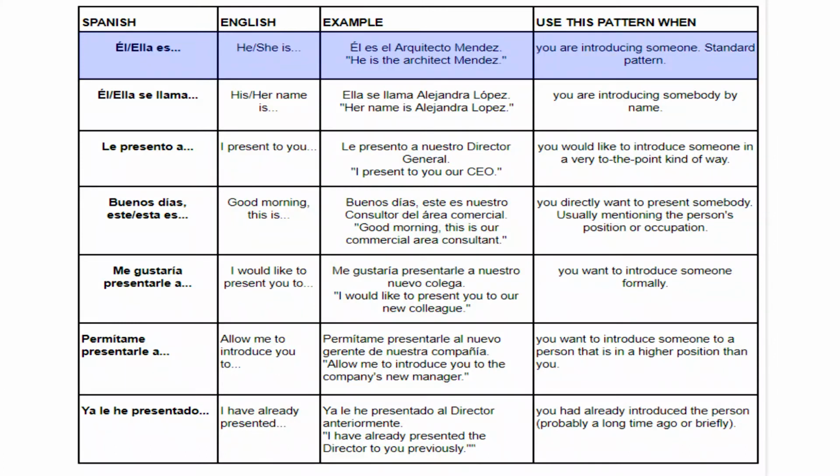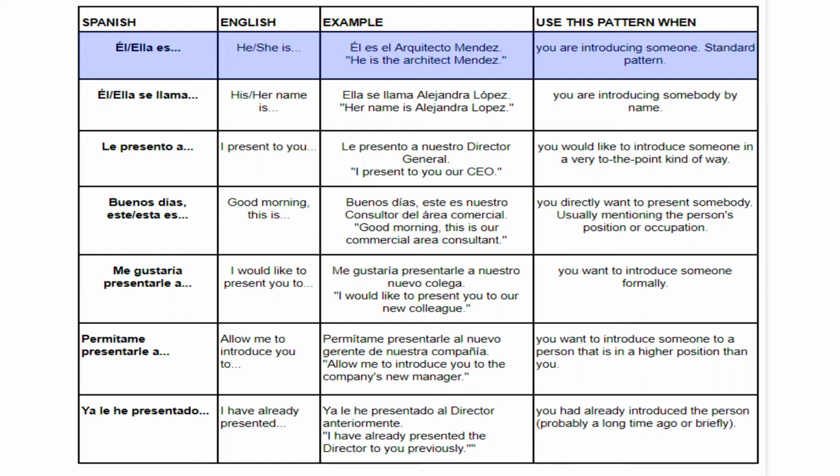Again, just like the previous video, you can use it in an office setting or just in formal situations in general. So if I want to say he is or she is, you're going to say él es or ella es. So you're introducing someone. You're literally saying he is, she is.